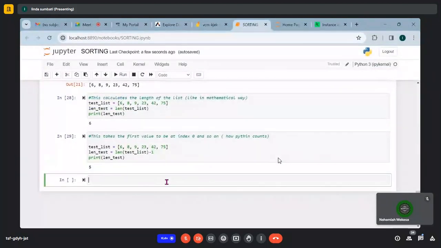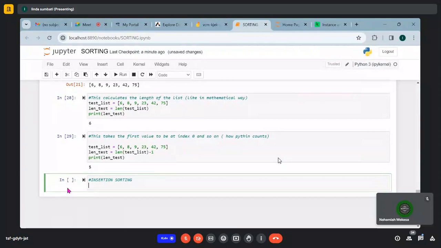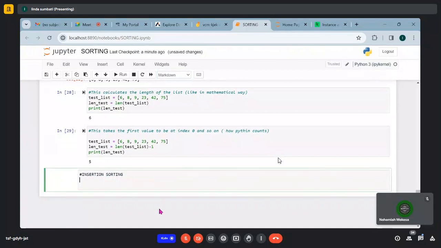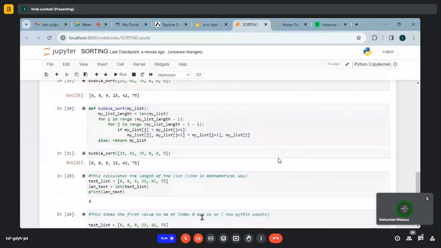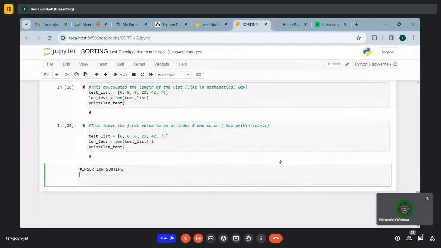So the next one is the insertion. I think that was the next one, if I'm not wrong. Insertion sorting. Okay. So let me place this so that it's marked down so that it works well. So in insertion sort, you should understand that it also helps to sort those elements that are not sorted, just like the bubble sort.